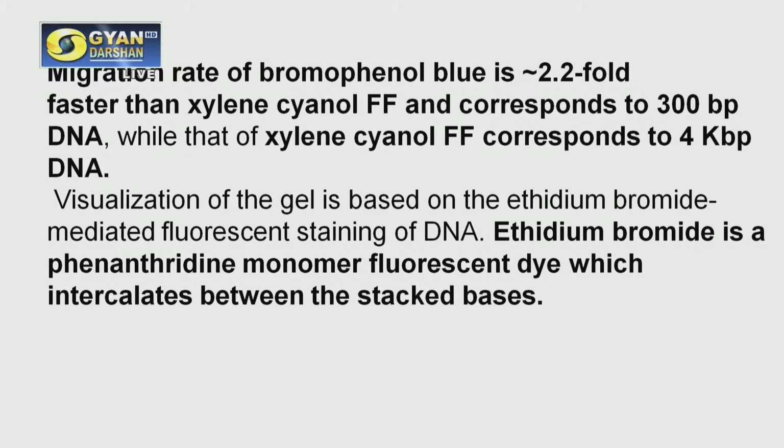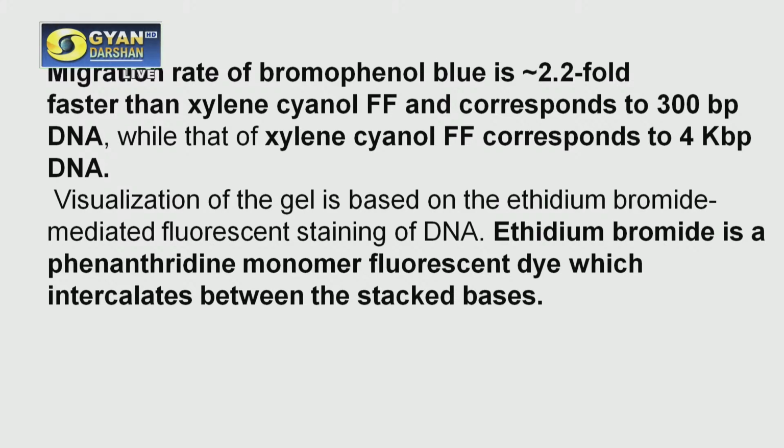And wherever you will find xylene cyanol FF in the agarose gel, we will understand that it corresponds to 4 kilobase pair DNA. So in that way, if you know what is the molecular weight of your DNA sample, then you can at once decide how much running time you should apply.